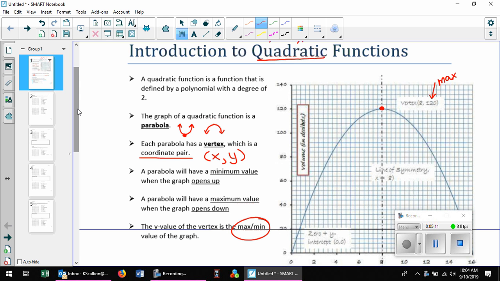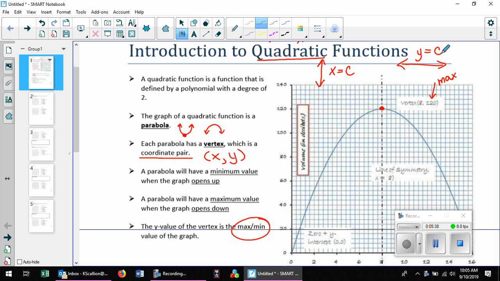Vertical lines, the equation of a vertical line starts with an x equals, like x equals 2, x equals 7, right? There's no other variable in it, it's a single variable. So if it's up and down, it's x equals some constant. If it's horizontal, it's y equals some constant.